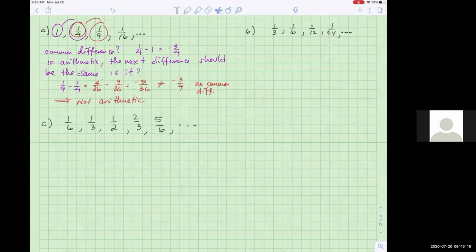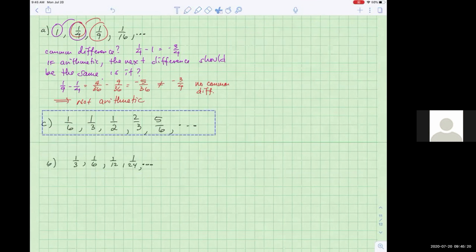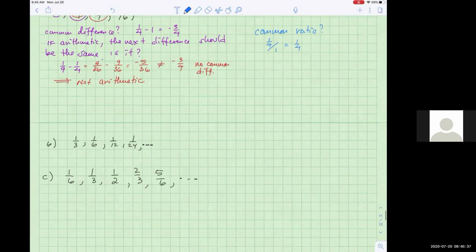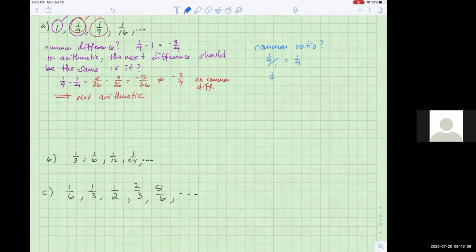I'm going to have to move these guys. Down here for later. Is there a common ratio? Let's see. 1/4 divided by 1 is 1/4. 1/9 divided by 1/4 is 4/9, which is not equal to 1/4.